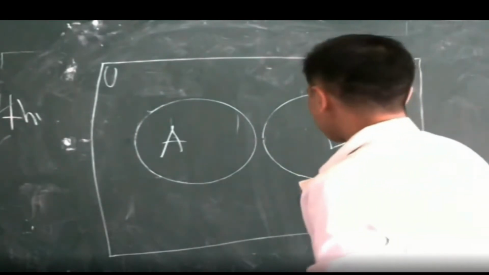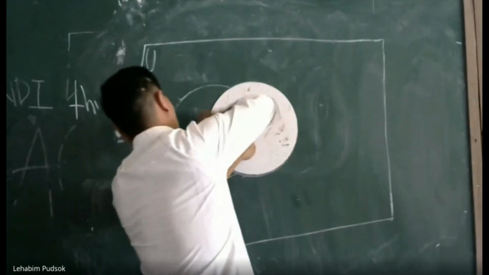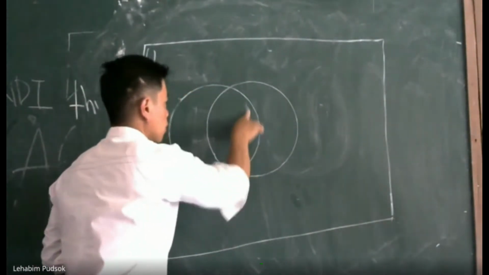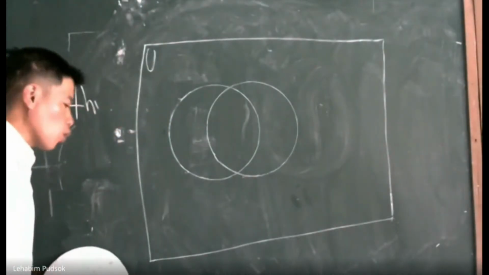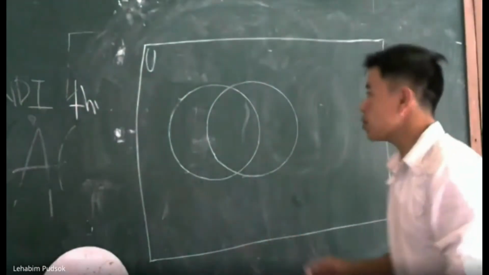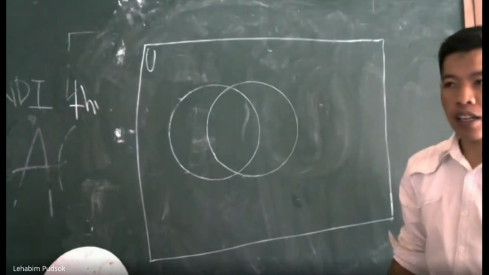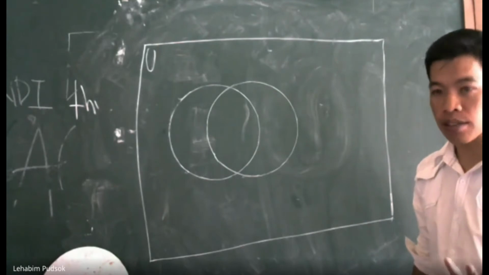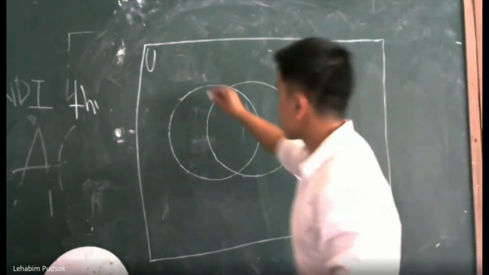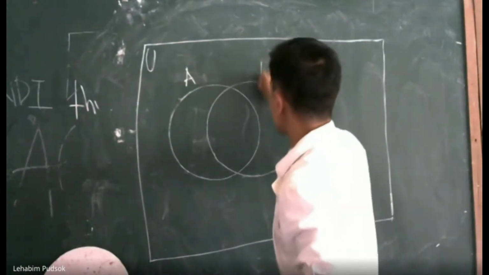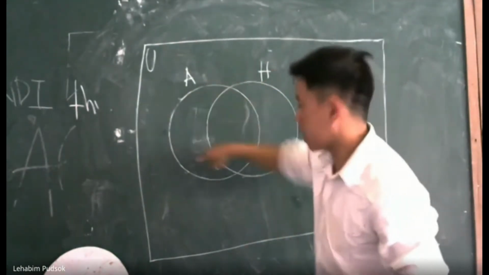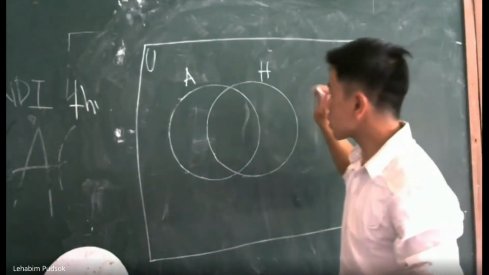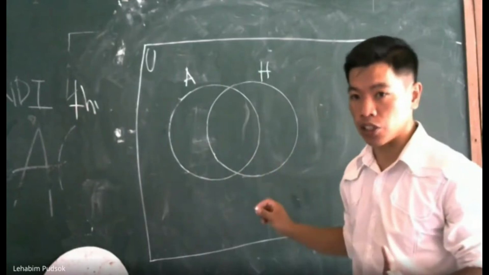So for example, we are to relate or see the similarities of animals and humans. If this is the animal, this is the human, what are the similarities? Sometimes we use a Venn diagram to relate each.